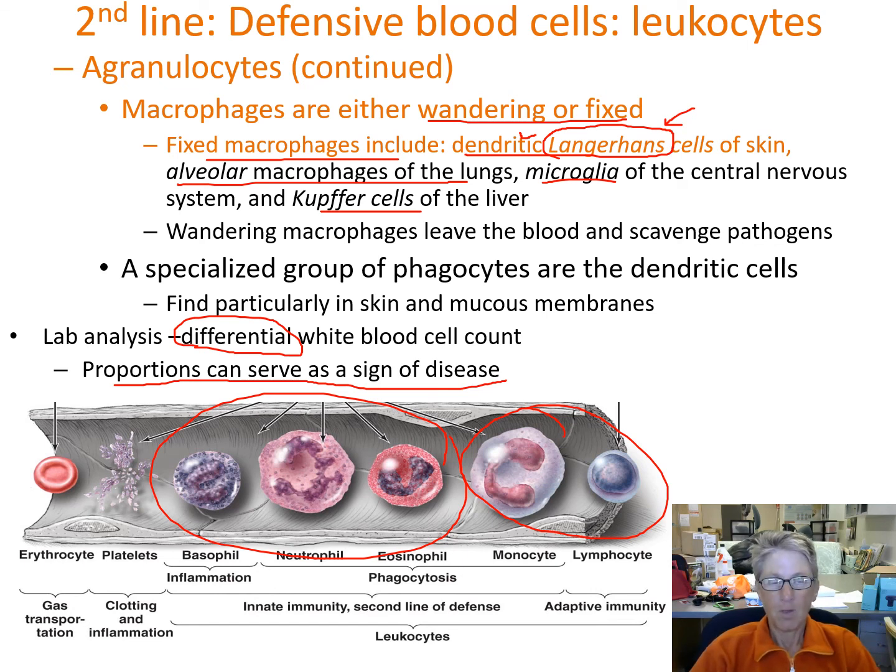Each of those cell types should have a proportionate number. So for example, if you did this differential white blood cell count, you'd find the most cells that you saw would be neutrophils, and the least number of cells would be the basophils.